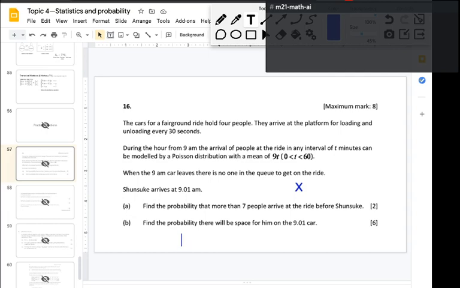Oh wait, we also have to consider the 9:30 a.m. car though. So this is like several probabilities. Okay.